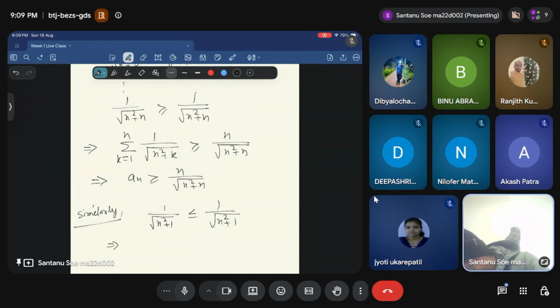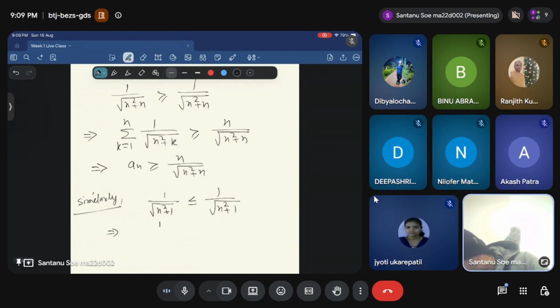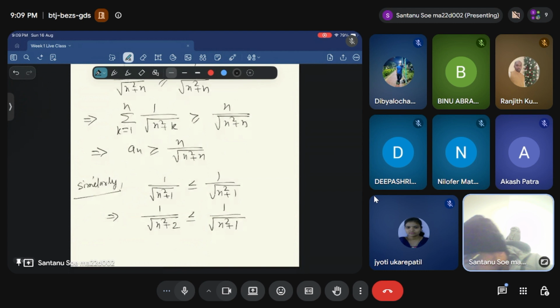Again, 1 divided by square root of n square plus 2 is less than or equal to 1 divided by square root of n square plus 1, correct? This is also possible to write.